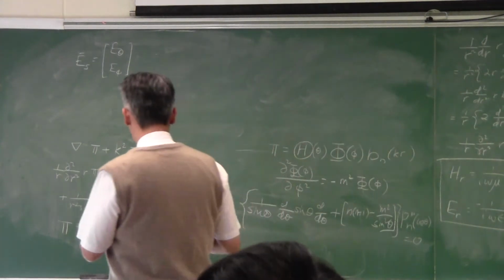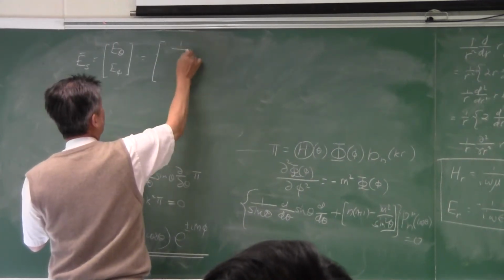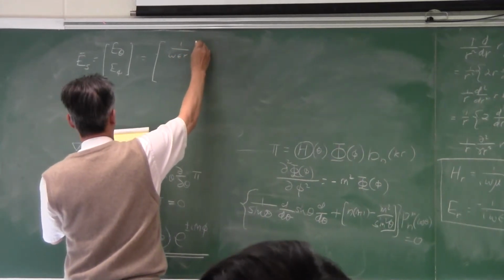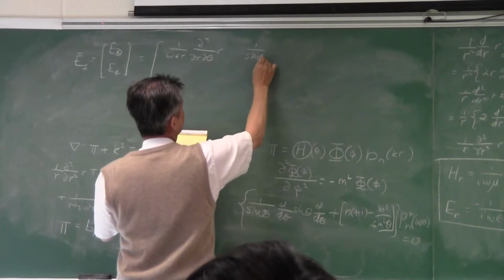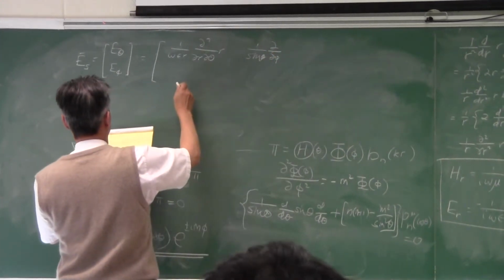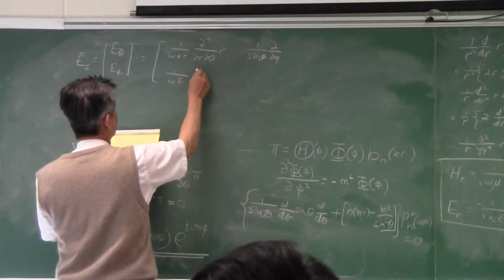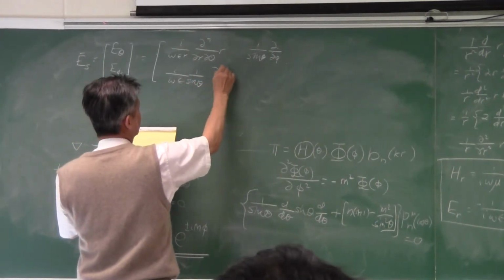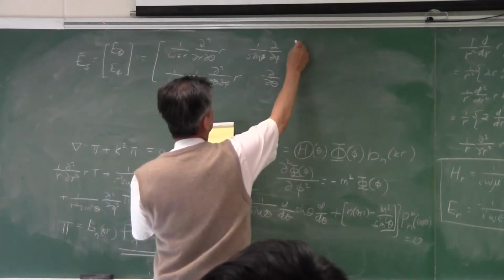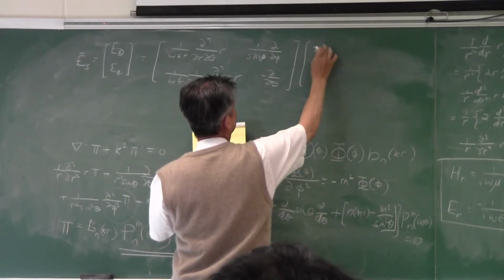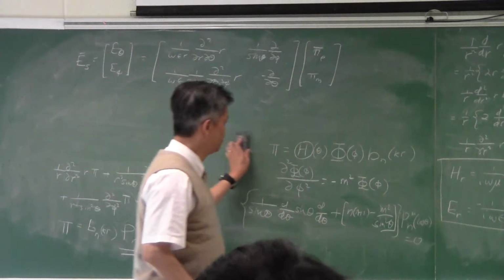You can write them down in this manner: i over omega epsilon r, partial square partial r partial theta, r, 1 over sine theta partial phi, and then i over omega epsilon, 1 over sine theta partial square partial theta partial phi, r, and then minus partial theta, then pi e, pi m. So the transverse electric field can be written as such.